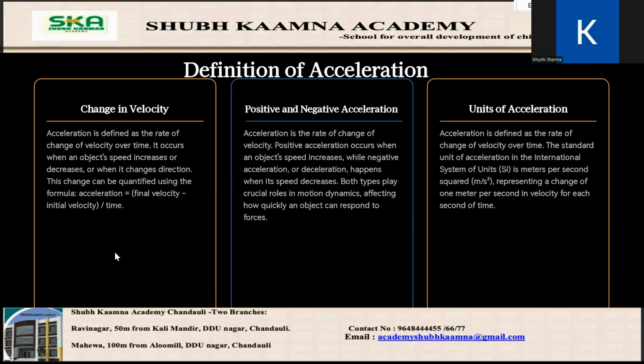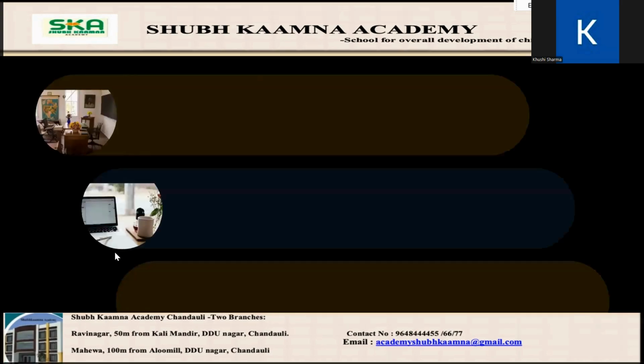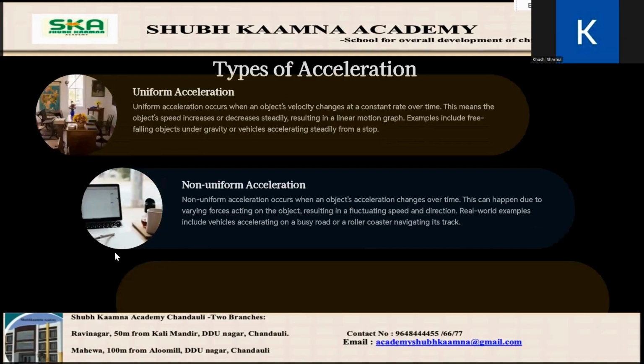So acceleration would be 20 minus 0 divided by 4, which is equal to 5 meters per second squared. Yes, that's the unit, meters per second squared. Sounds fancy, right? But it's just speed per second. Real life examples: a roller coaster drop, a plane taking off, a car braking or speeding up.